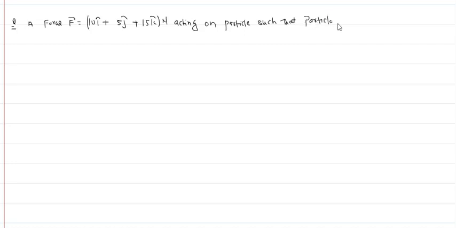A force F equal to 10 i cap plus 5 j cap plus 15 k cap Newton is acting on a particle such that the particle is displaced by minus 2 i cap plus 3 j cap minus k cap. Find the total work.